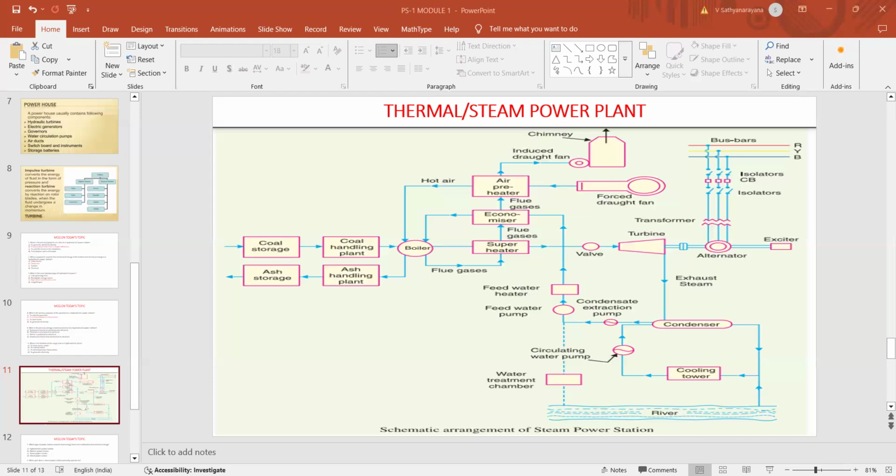So generally these flue gases are either carbon dioxide or something related to nitrogen. These are a mixture of all these components. We cannot say exactly which flue gas will be generated from a combustion. It depends purely upon the material you are using for the combustion. So it is a mixture of gases: nitrogen, carbon dioxide, or sometimes oxygen.